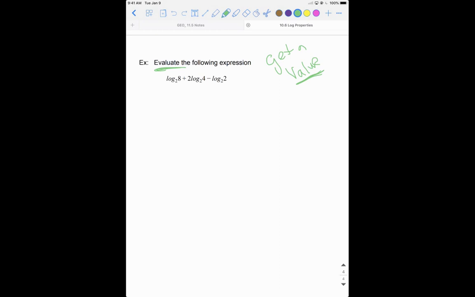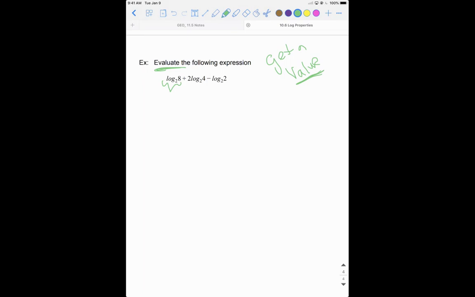You can try to evaluate each piece first and then do your addition and subtraction. You can also do your addition and subtraction and then evaluate. Either way, it's up to you. Personally, I like to simplify before using the properties, but if you want to use the properties first, that's fine too.